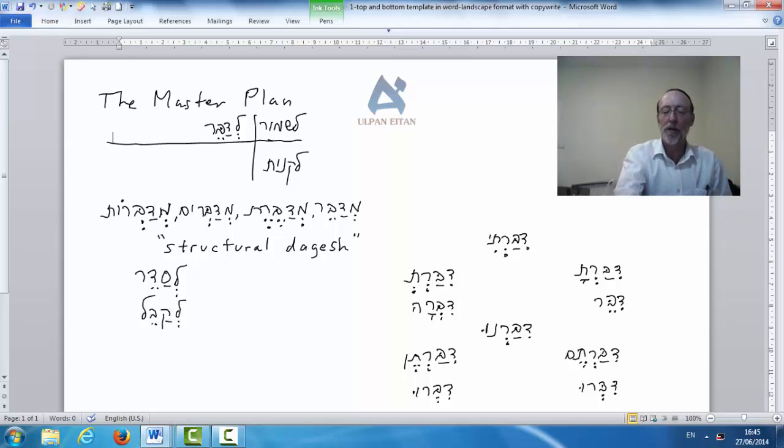So once again, what do you notice about this verb? Critical. The past tense always starts with a strong E sound underneath what turns out to be the first root letter. Structural Dagesh is in place, and a template, dibarti, dibarta, dibart.